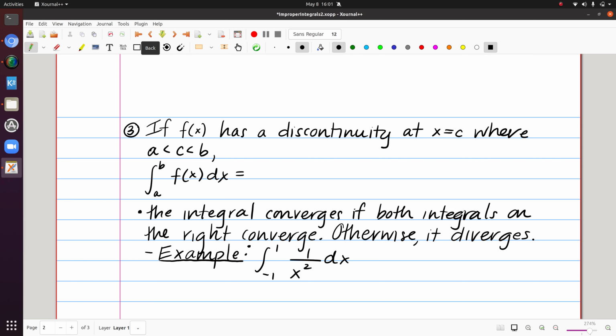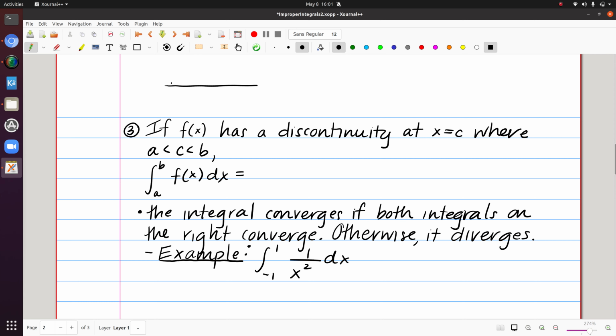In this case, what we want to do is kind of similar to the approach we took when we had an integral from minus infinity to infinity. At this stage, we know how to deal with a discontinuity being one of the limits of integration. So we can split this.